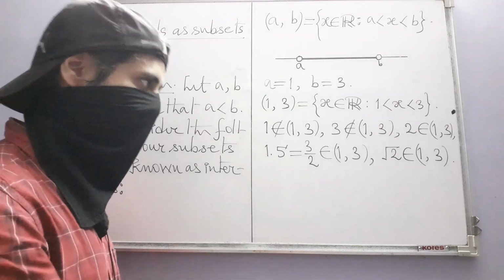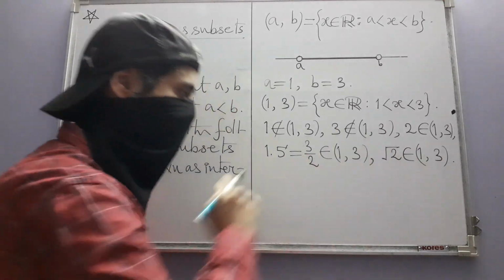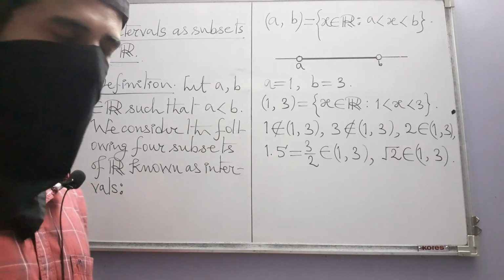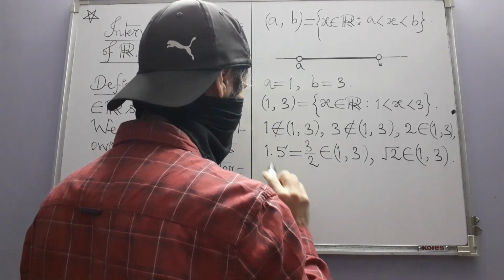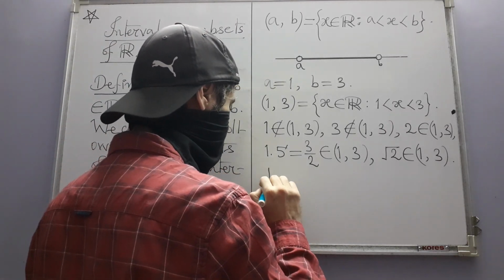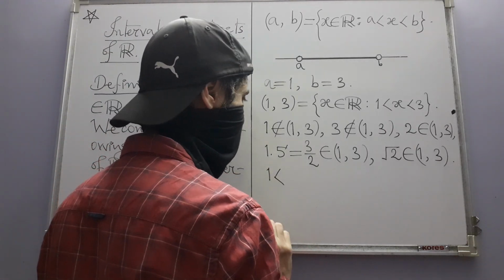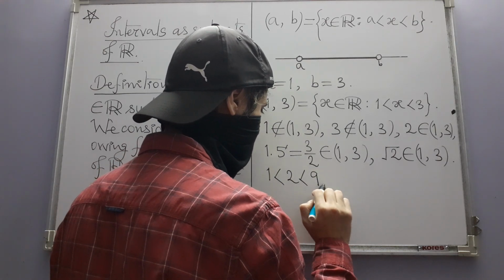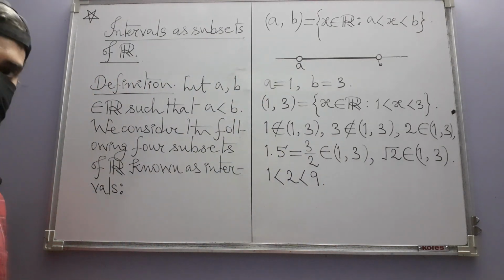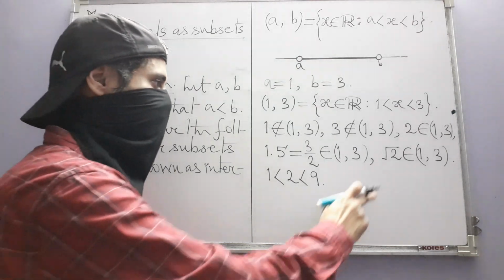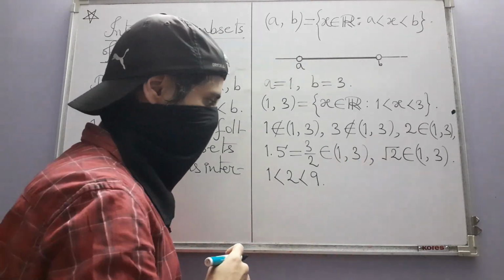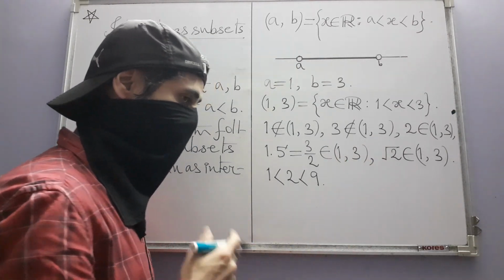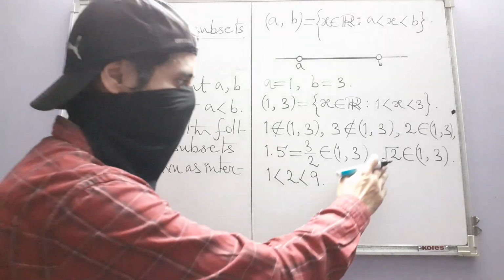But there is a better way of verifying that square root of 2 belongs to (1, 3). You see, we already know something. We know that we have these inequalities, right? And this square root function, okay, I am using the word function, but let's just take it lightly.